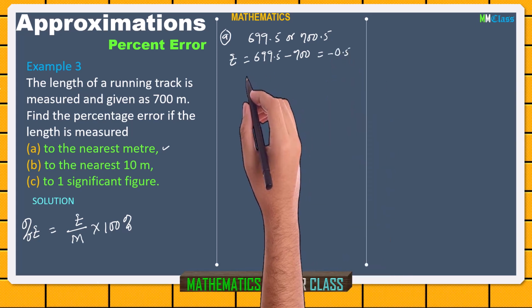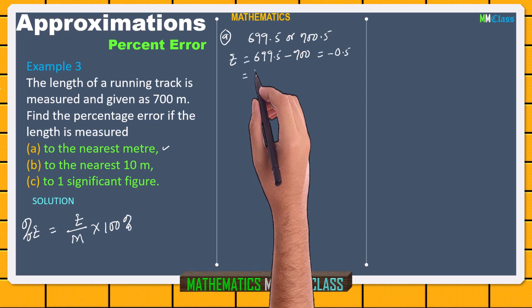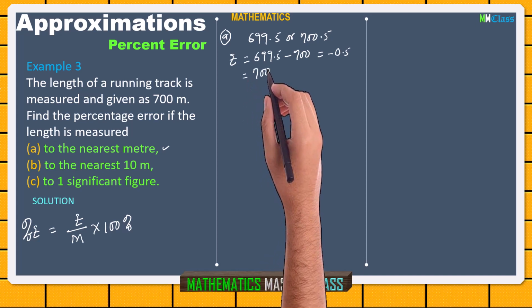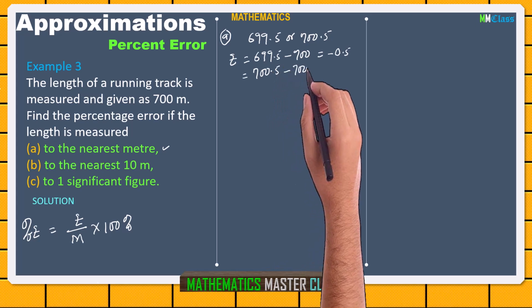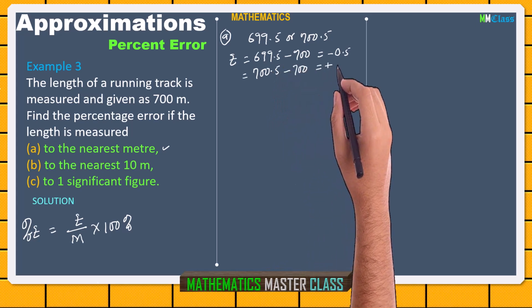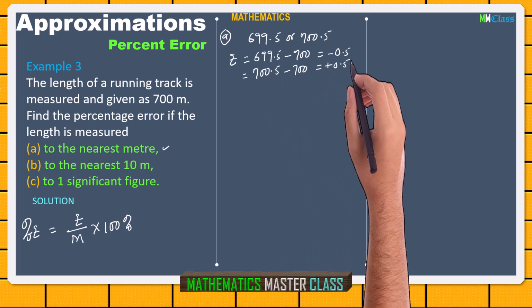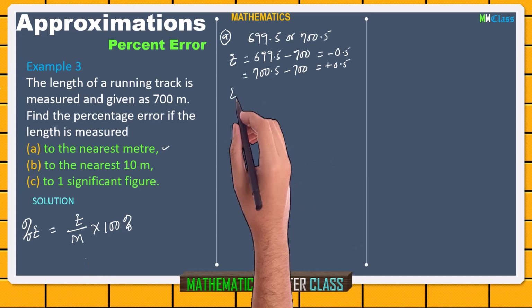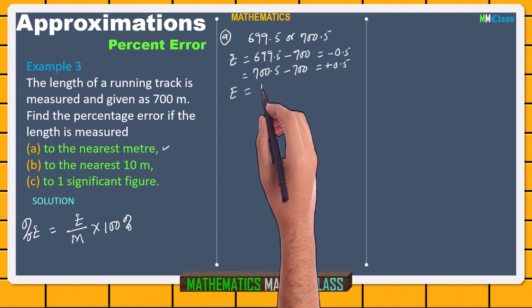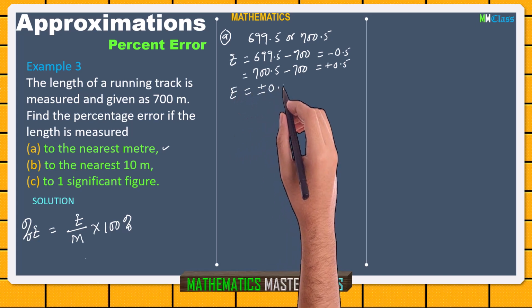Again, the error will be 700.5 minus 700, which will give us plus 0.5. So anytime you are using this formula, just know that your answer should be plus or minus. So our final error will be equal to plus or minus 0.5.